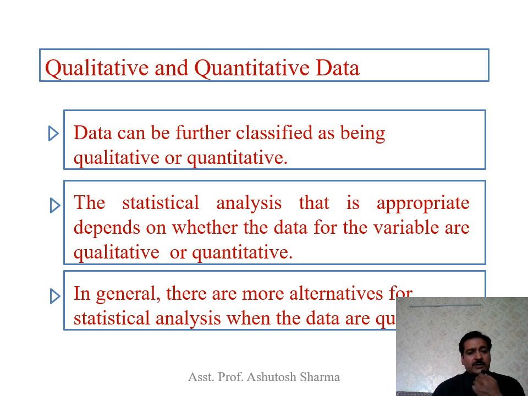Data can be further classified as being qualitative or quantitative. When we are collecting information which is nominal, or which can be arranged in descending or ascending order, which is ordinal, both nominal and ordinal kinds of data can be classified as qualitative data.